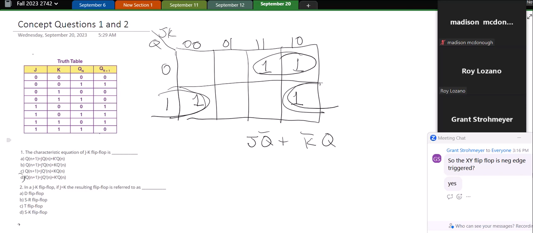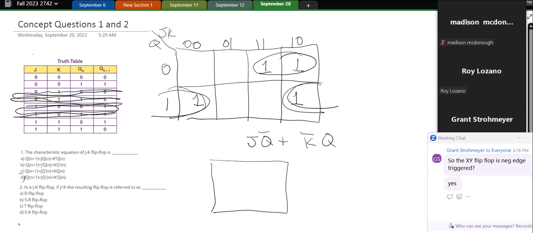So we would ignore the rows where J and K have different values. So I'm crossing those all out. So now we would have a truth table that looks like this. So this is J equals K. So those would be our values, and this is Q, and this is Q star.